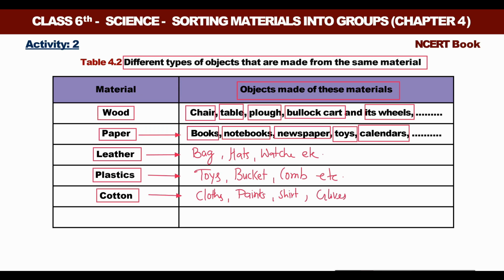So we have different categorizations, different materials, and different objects can be made with the help of these materials. This is the way we can see different objects made up of the same material. Different objects can be made from cotton, plastic, leather, paper, and all.